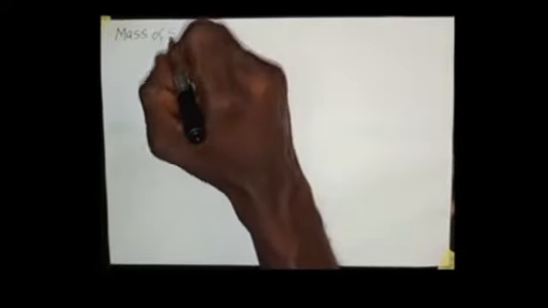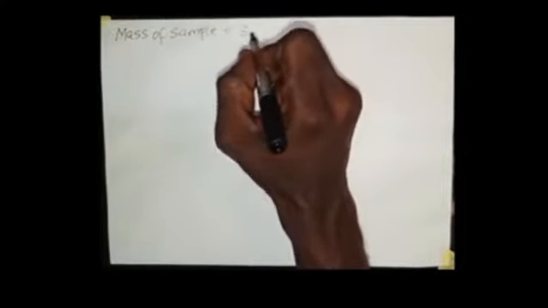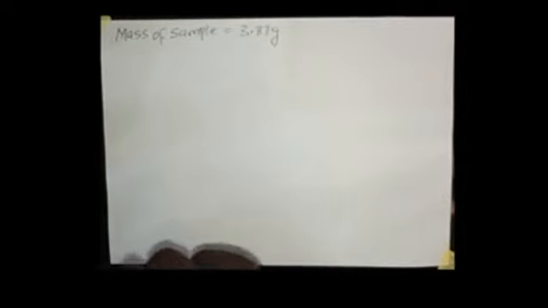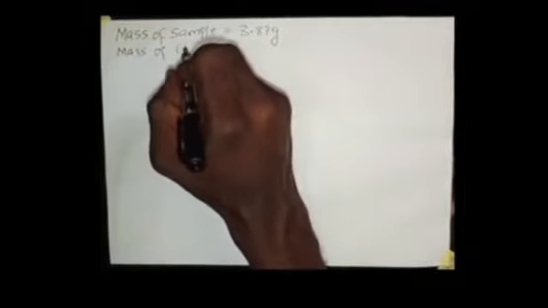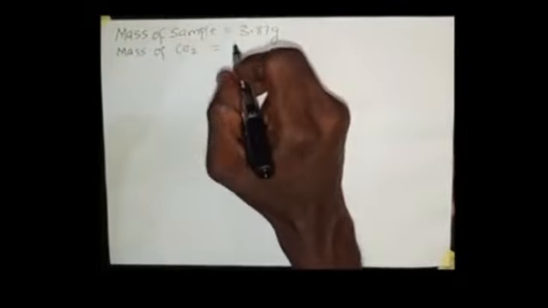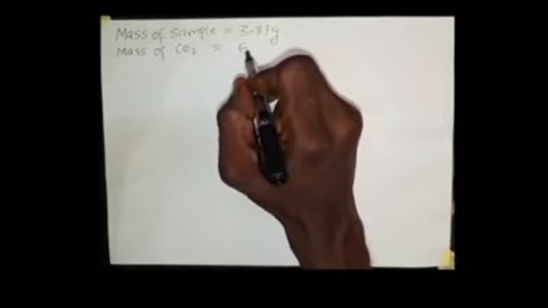So you can say mass of sample is given as 3.87 grams. Now, we are also told that this sample was burnt, and during the process of combustion, 5.80 grams CO2 was produced. So I can say mass of CO2 is equal to 5.80 grams.